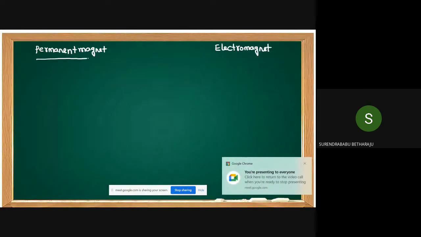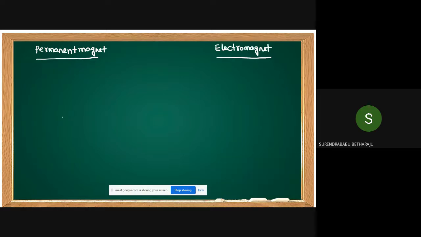One is permanent magnet, another one is electromagnet. Now tell me, this minimum knowledge is required. Are permanent magnets hard magnetic materials or soft magnetic materials?